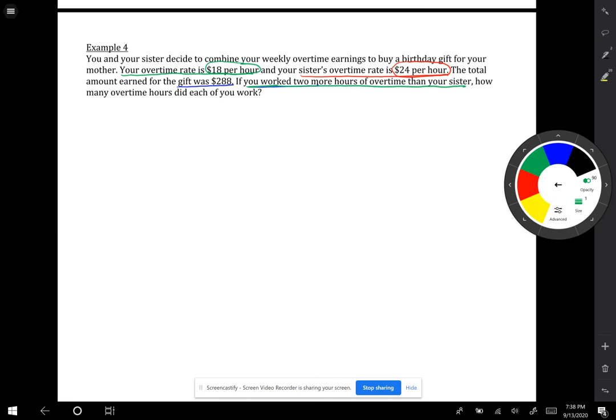So we're not using X and Y. So Y can be your overtime hours, because the last question asks how many overtime hours did each of you work? So your variables are going to represent overtime hours. And S can be your sister's.